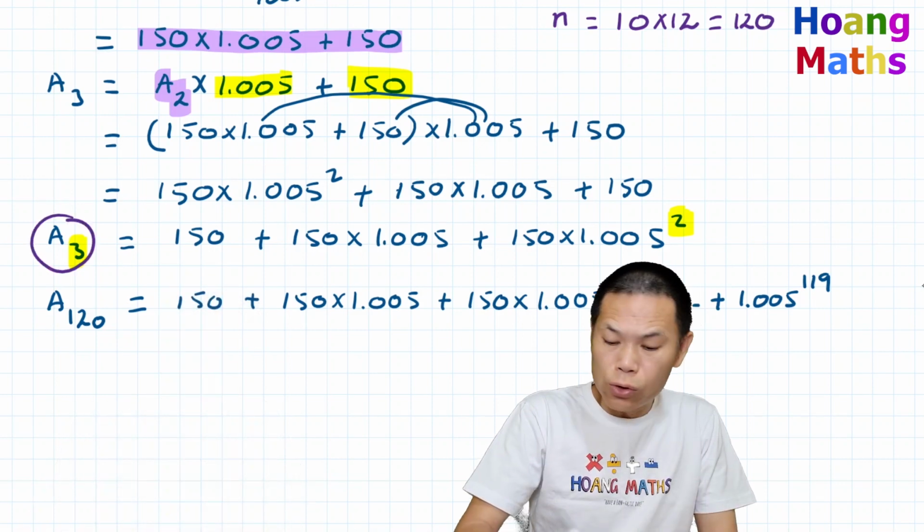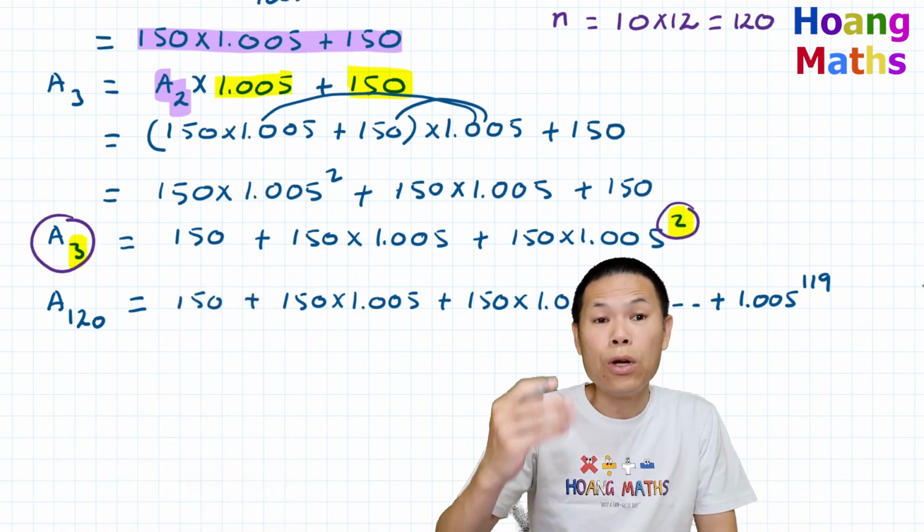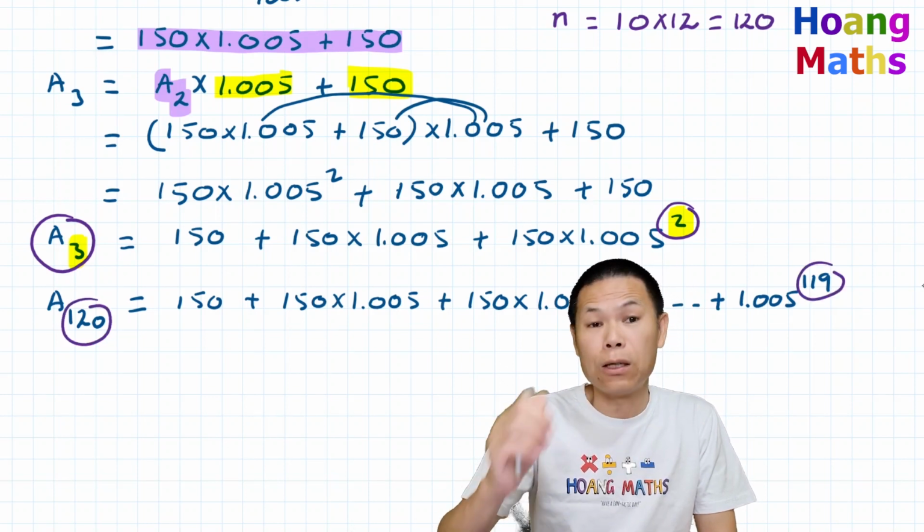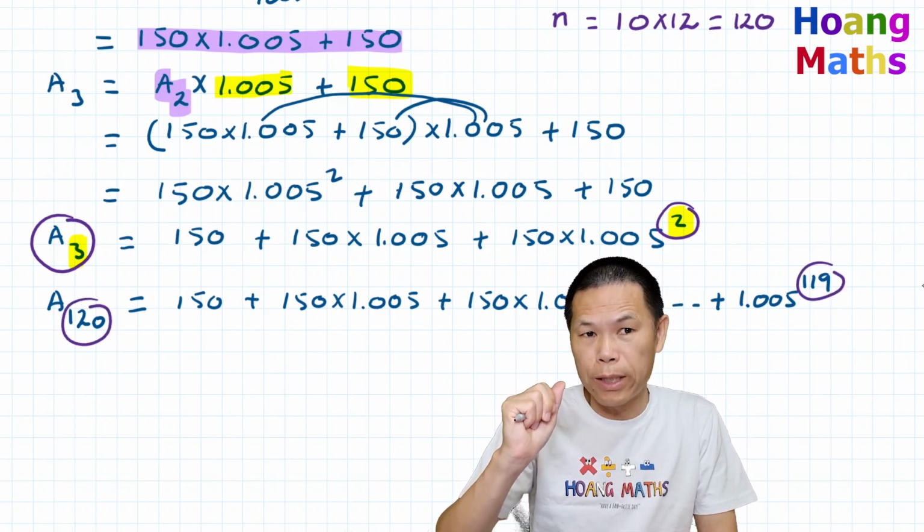You can see A3 gives me all the way to power of 2, so 120 will be one less, so 119. Remember that for me, okay?